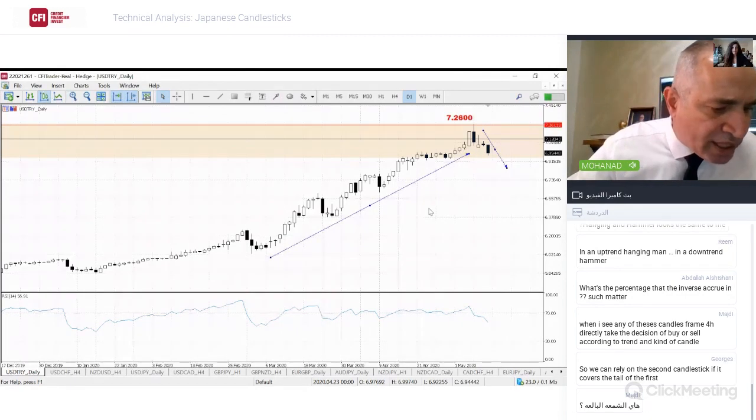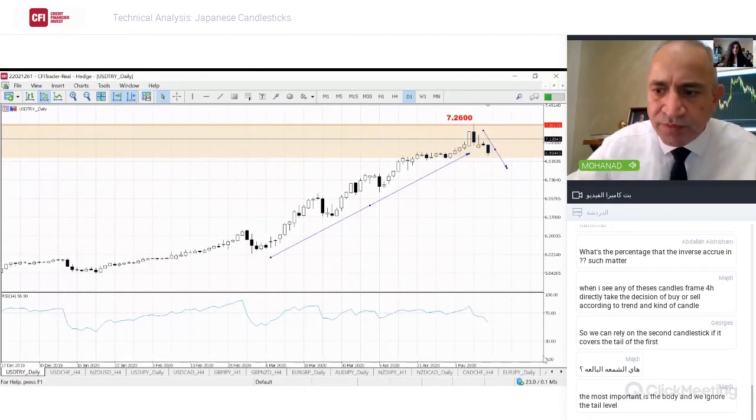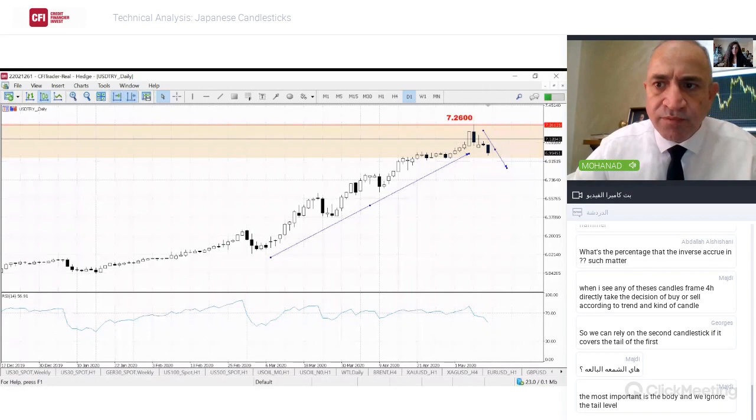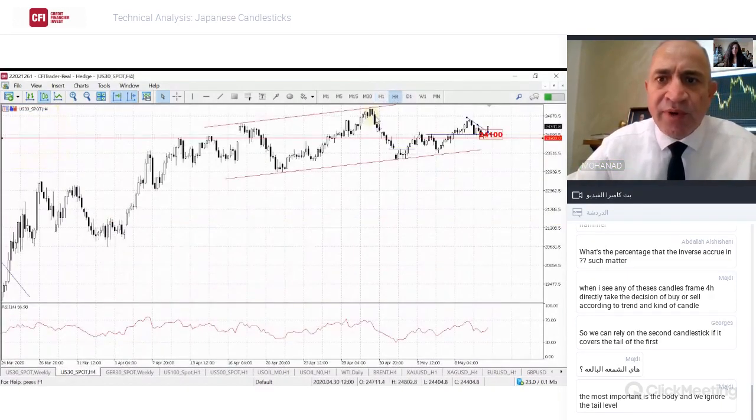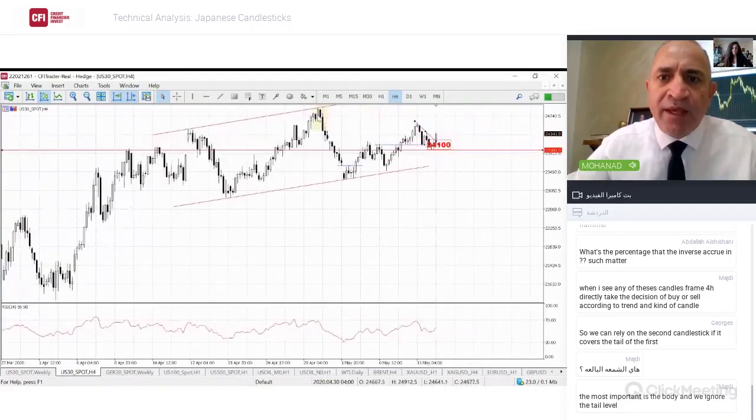We have another example. The Dow Jones, 4 hours platform time frame. As you see, we have an uptrend.